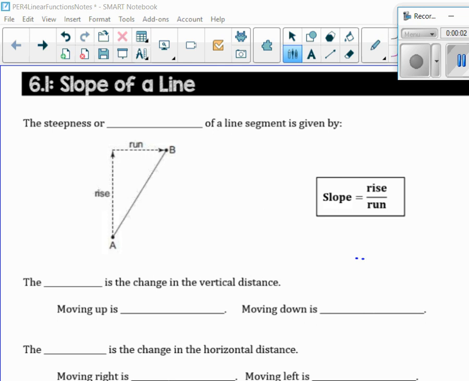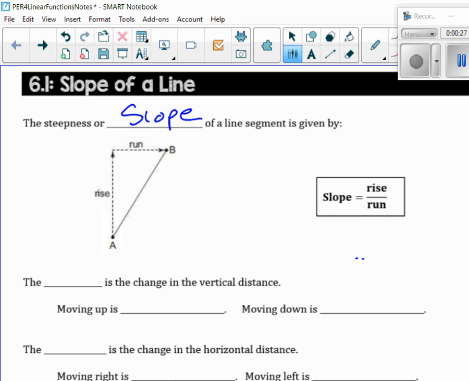Slope of a line segment is given by rise over run. What do you think rise has to do with on a graph? Y, yes.